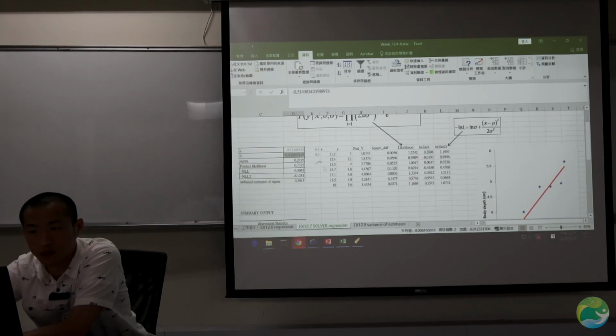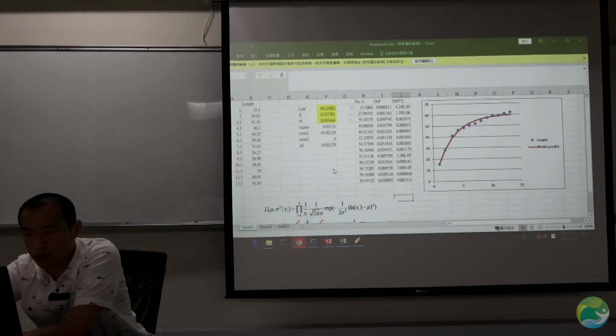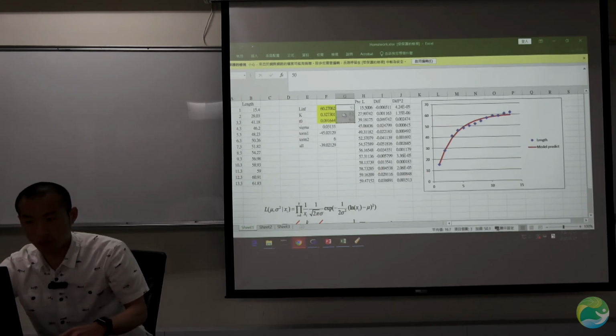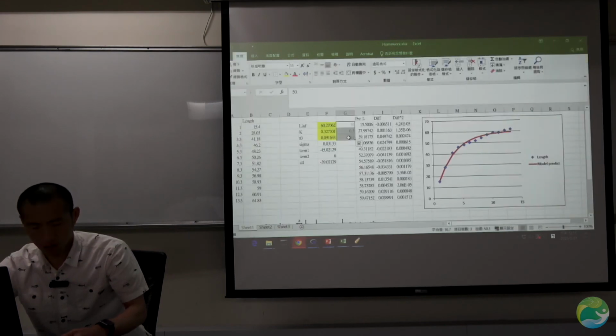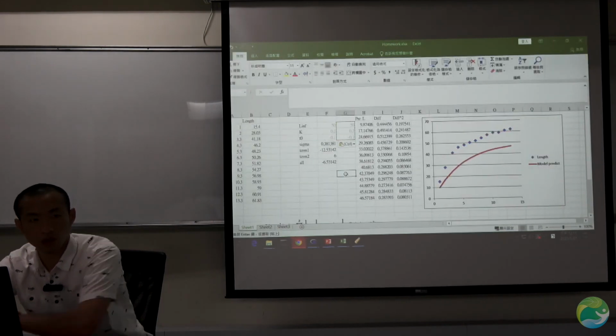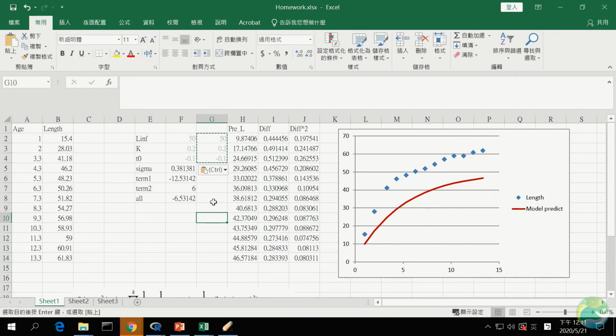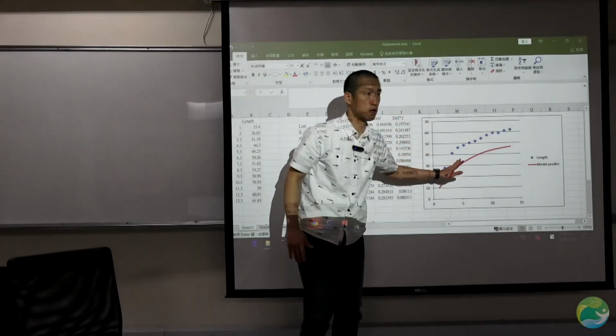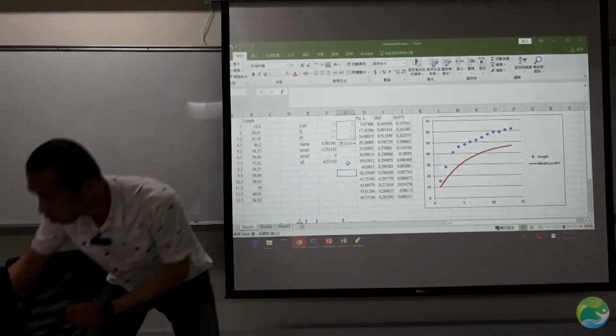In the Excel version, we can have different values of the parameters. So right now it's not fit, right? Because this is the data, this is the model, totally not fit, okay?